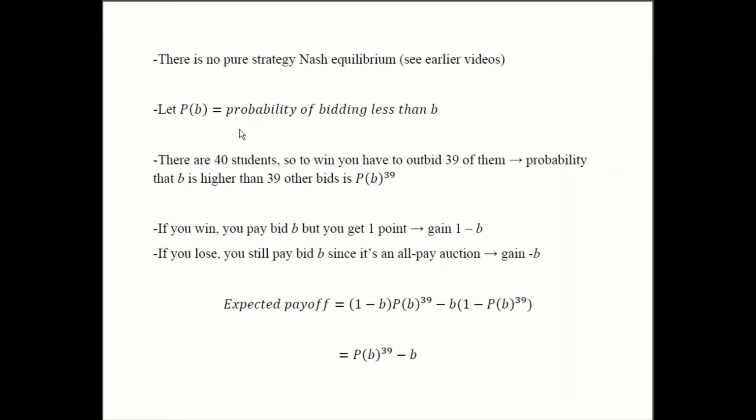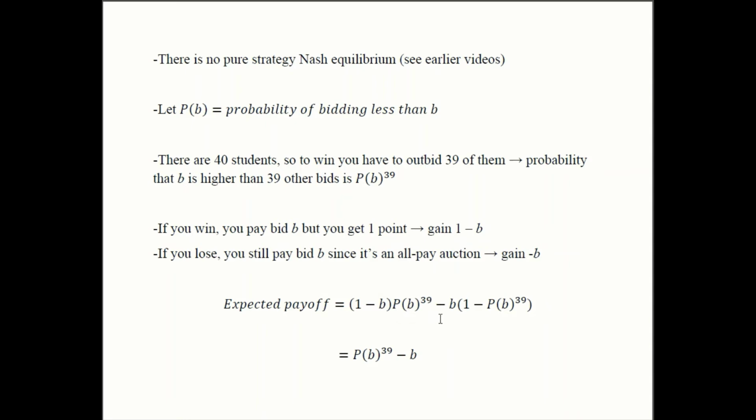So the probability that 39 bids are less than B is going to be P of B raised to the power of 39. You write down your expected payoff. If you win the auction, you get one extra credit point, but then you pay your bid B, so your net gain is 1 minus B. You get that 1 minus B with probability P of B to the 39, the probability you outbid 39 other students.